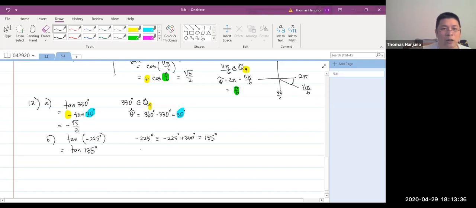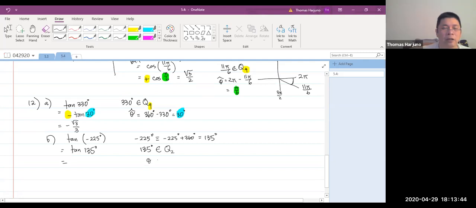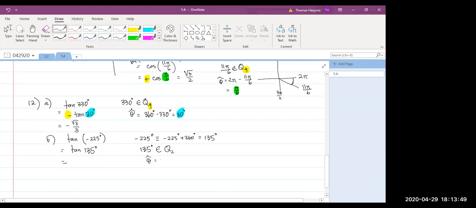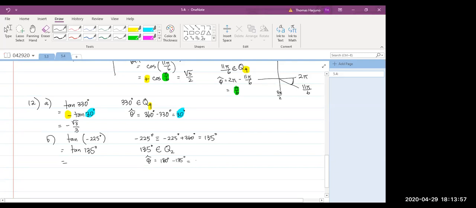Next, 135 degrees is in which quadrant? Quadrant 2. And then the reference angle is 180 degrees minus 135 degrees. That's 45 degrees.